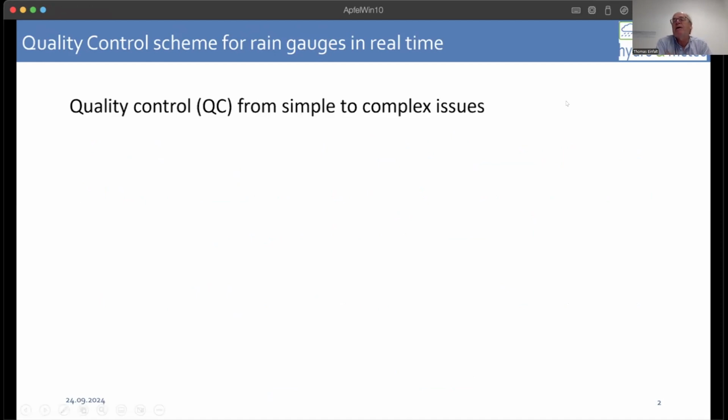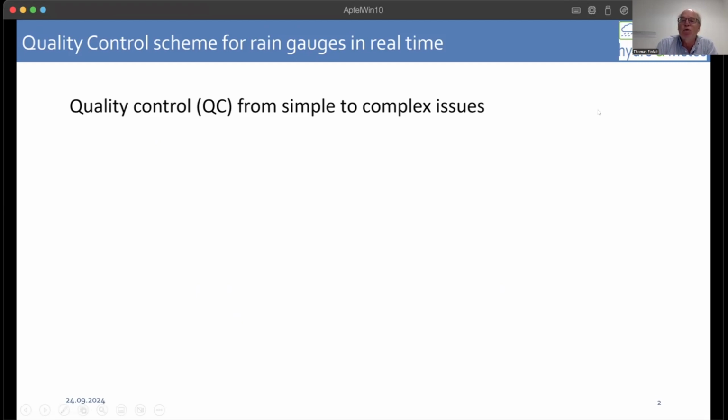On the one hand, they are of course only point measurements, and within the footprint of one radar volume, you can have quite some variation when rainfall is coming to the ground. And therefore, it is important to quality control rain gauges also in real time.